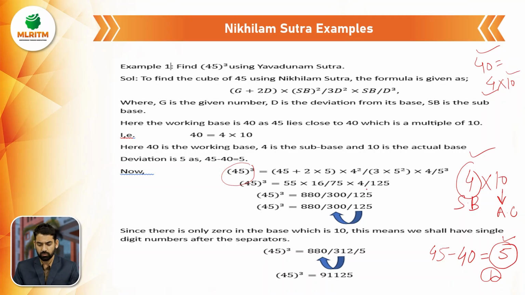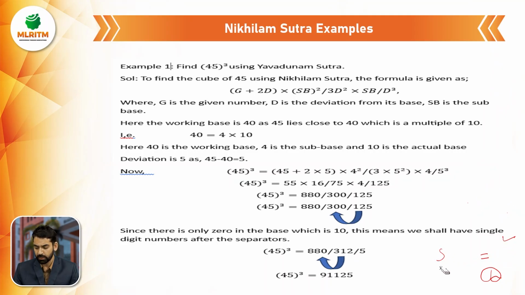Now when we multiply 55 by 16, that is 880, slash 75 into 4 is 300, slash 125. Again, what students need to remember here is we have only one 0 in the actual base, which is 10 in this case. After the first separator, we have 3-digit numbers, so we need to reduce them to a single digit number by taking the other digits to the left and adding them.